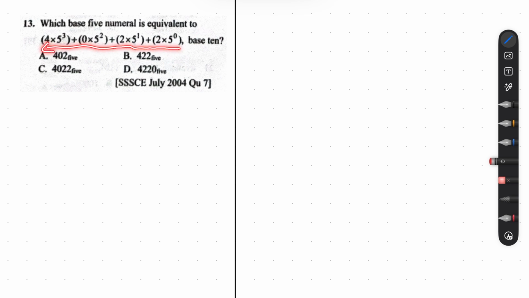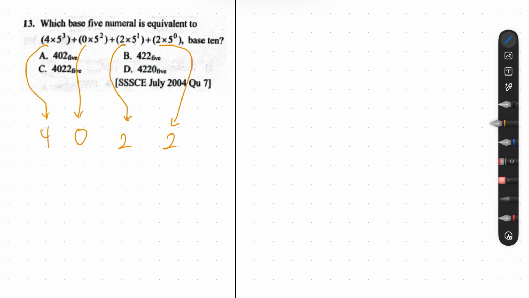The first number is 2 from here, then the second number is also 2 from here, the third number is 0 from here, and then the last number is 4 from here.